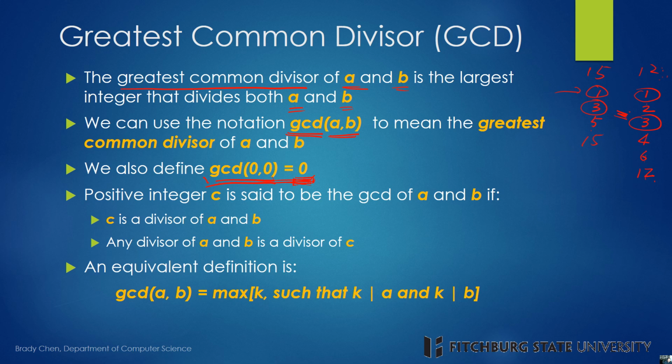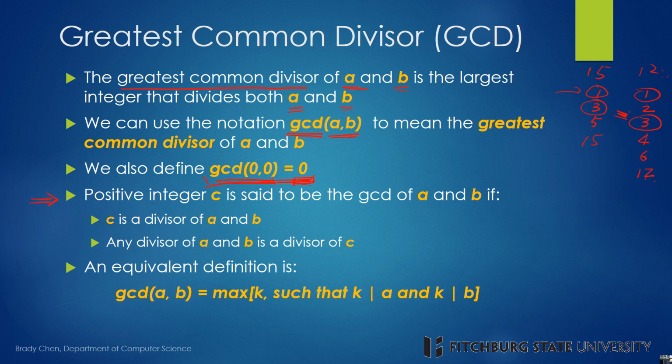To define the greatest common divisor, we can also use another approach. You can say this is a definition, but it's also a property of the greatest common divisor.